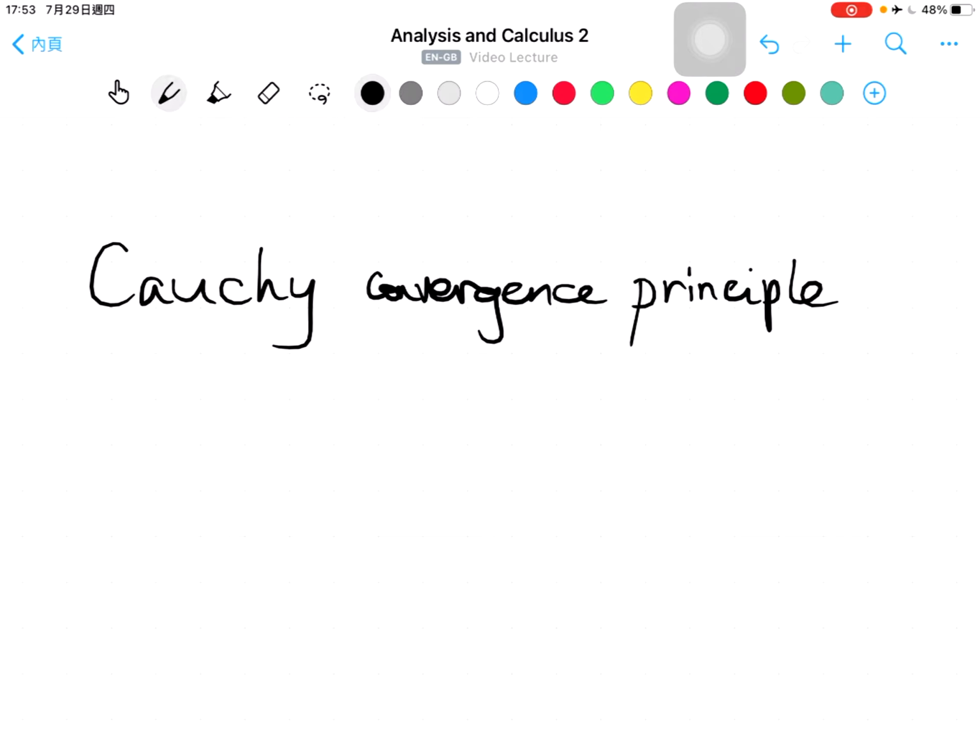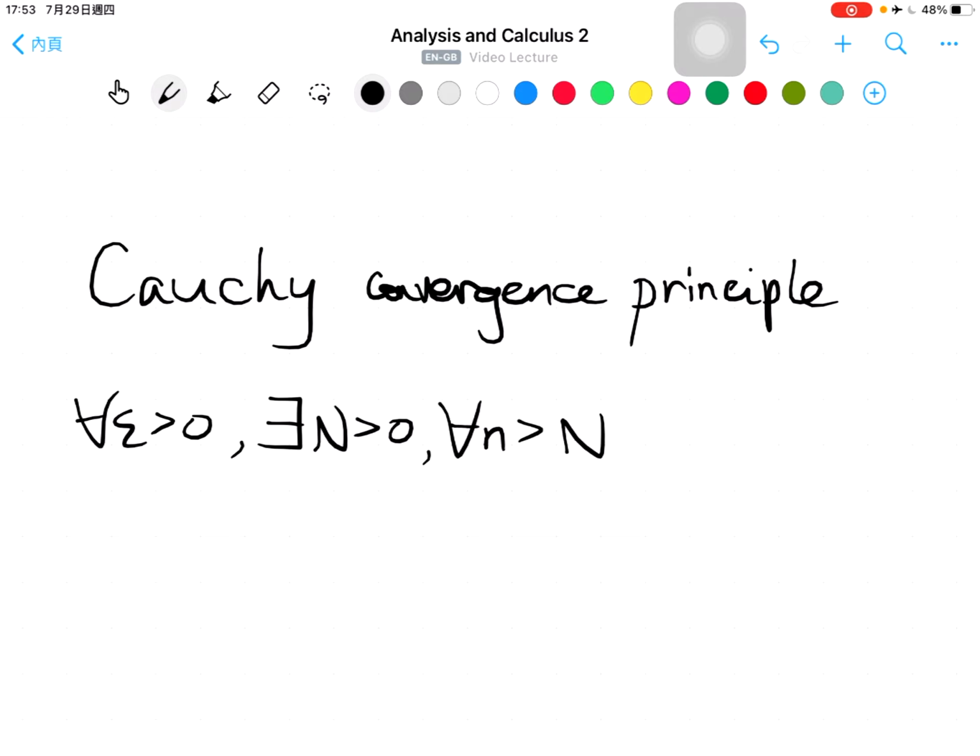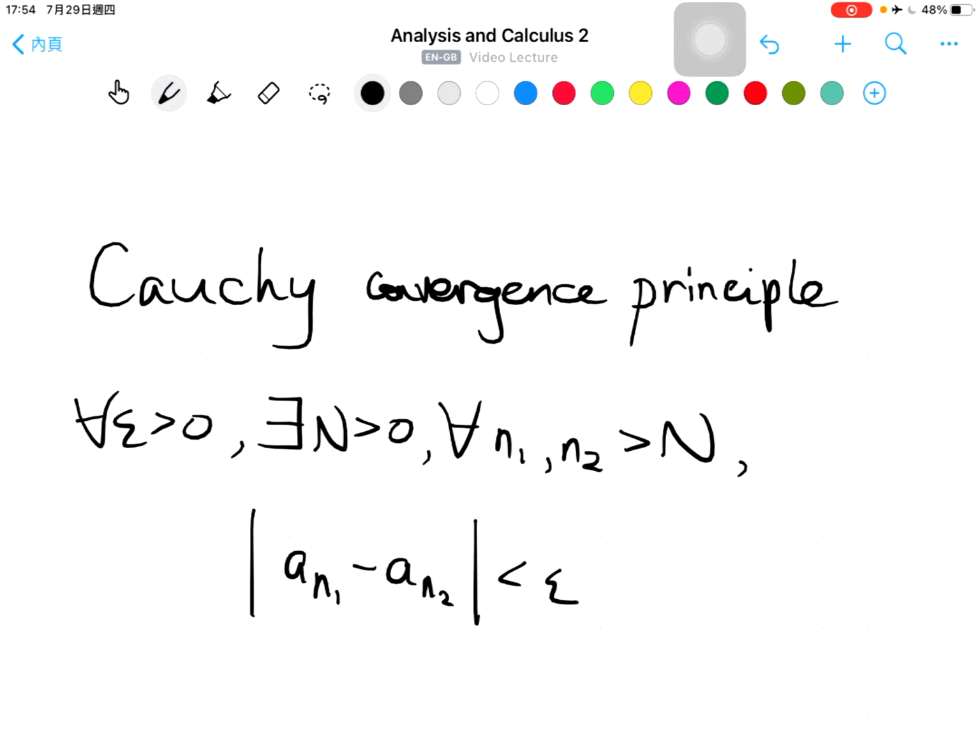It says, a little bit different from before, no matter what deviation you give me, I can always tell you how many terms starting from the first to be dumped so that for any two terms from the rest, n1 and n2, both larger than n, I can always assure you that the two terms are going to be very close to each other.